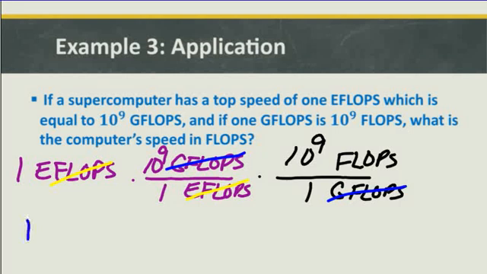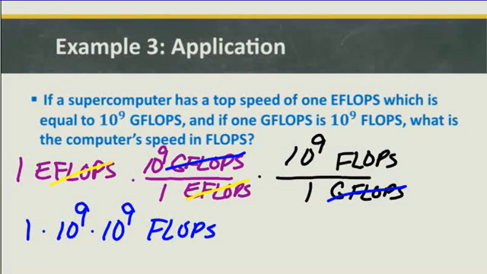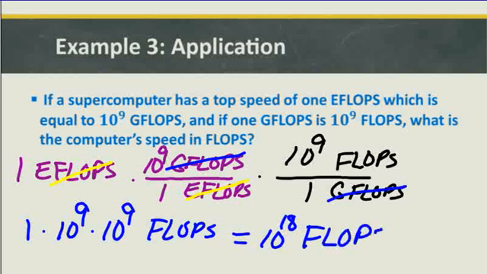Now I'm left with 1 times 10 to the 9th times 10 to the 9th flops. Anything times 1 is itself. So 10 to the 9th times 10 to the 9th is 10 to the 18th flops. And that is our lesson on simplifying bases and exponents, or using expressions with exponents.